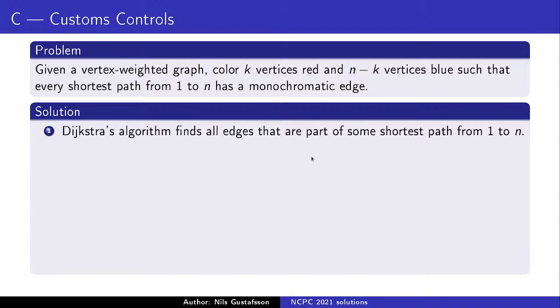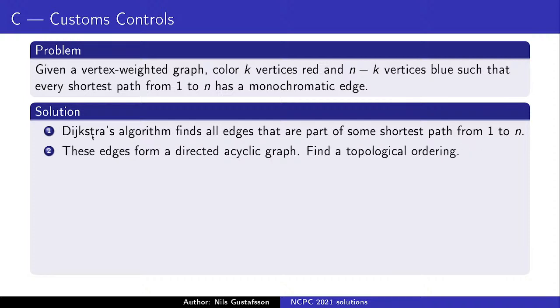So we get a bunch of edges which are those that could be used in some shortest path. And then these edges form a directed acyclic graph, because every edge you take brings you further away from the vertex 1.